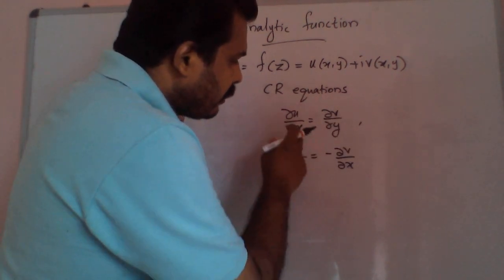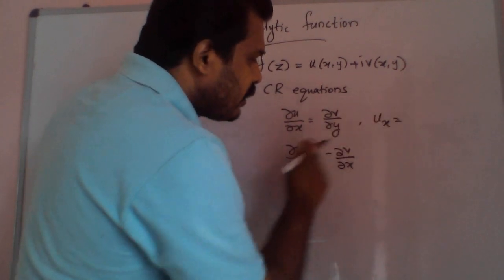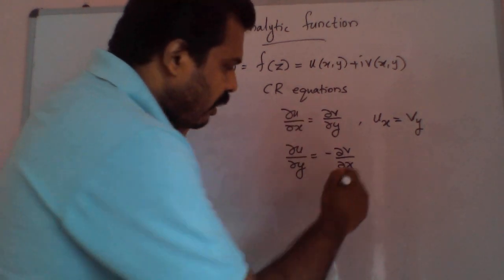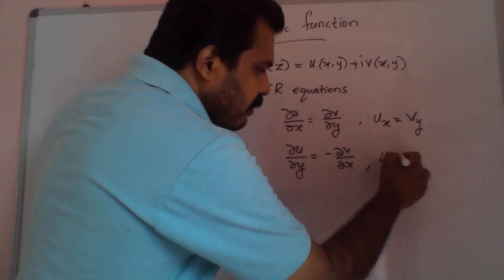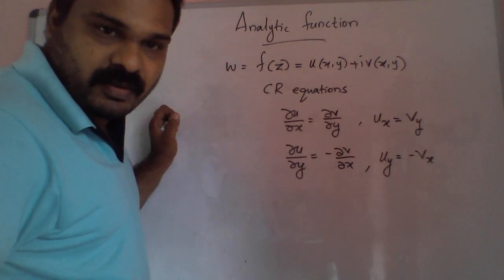We write it in the other form as ux, dou u by dou x, is equal to vy, dou v by dou y, and uy, dou u by dou y, is equal to minus vx, dou v by dou x.